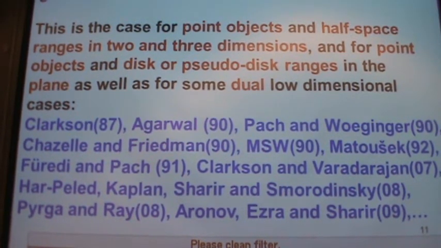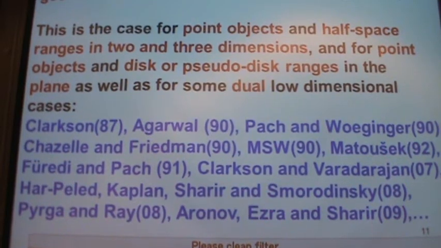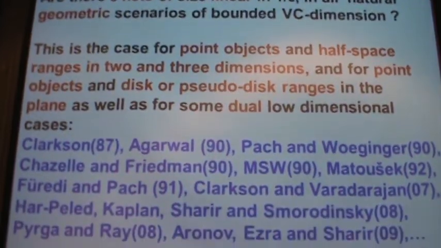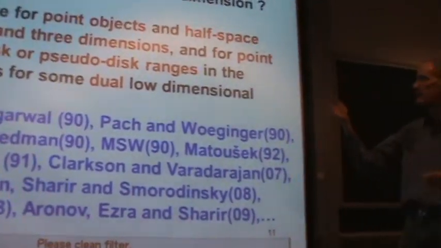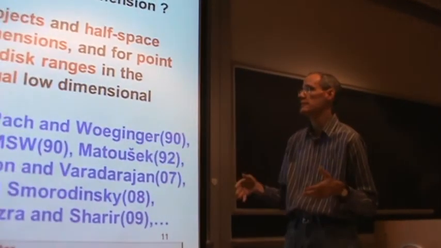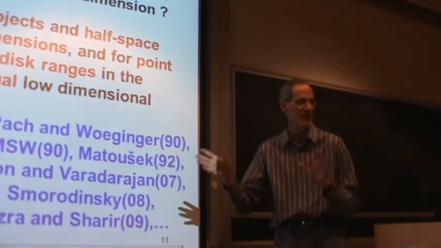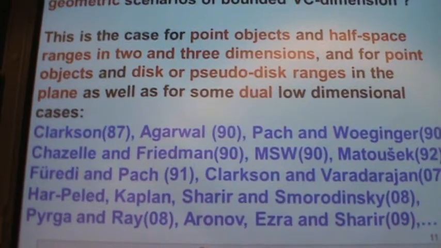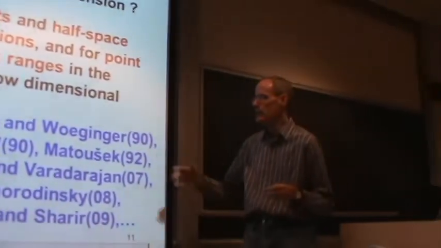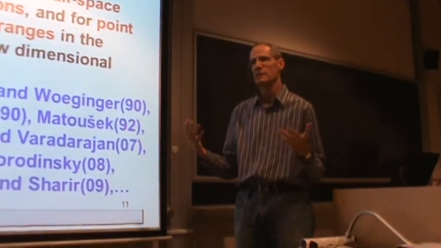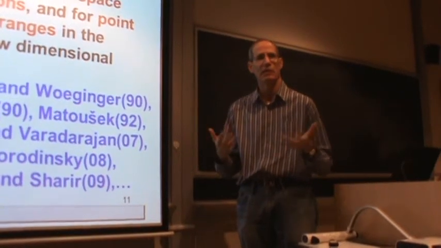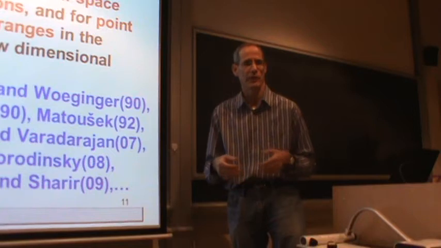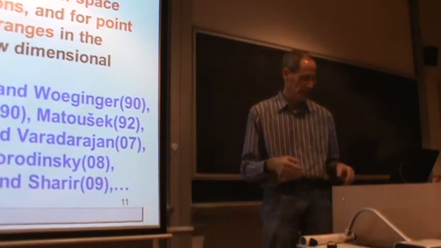If my objects are points in 2 dimensions or in 3 dimensions, and the ranges are half spaces, or if the objects are points and the ranges are disks or pseudo-disks, and there are some dual examples. So there are several examples where it is known that we don't need this log of 1 over epsilon. And each of these cases requires some clever ideas. So somehow they seem to be tailored specifically for this specific example.